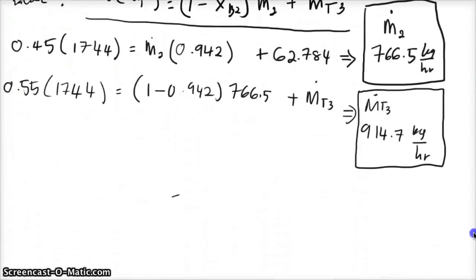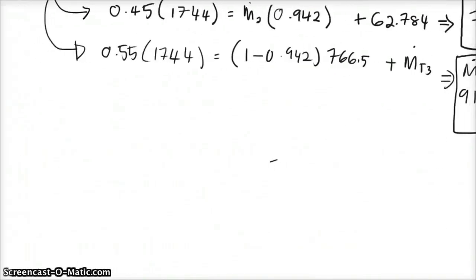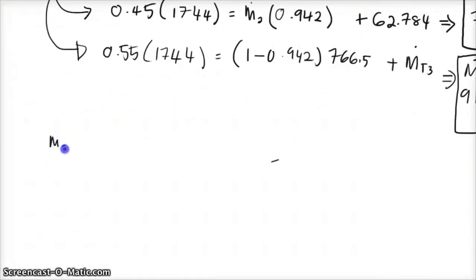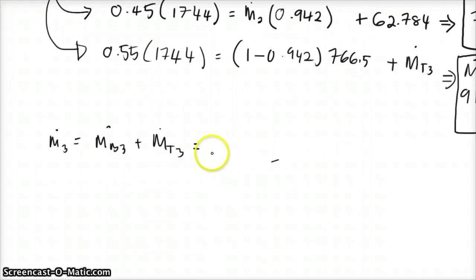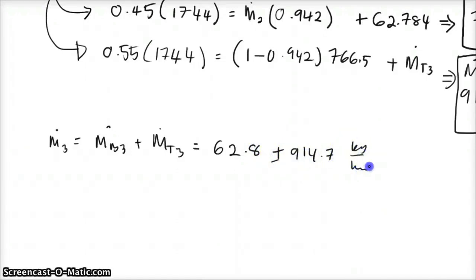So, well, let's calculate it. So M3 is equal to MB3 plus MT3. So what's the value of MB3? So MB3 is 62.8 plus 914.7 kilogram per hour.